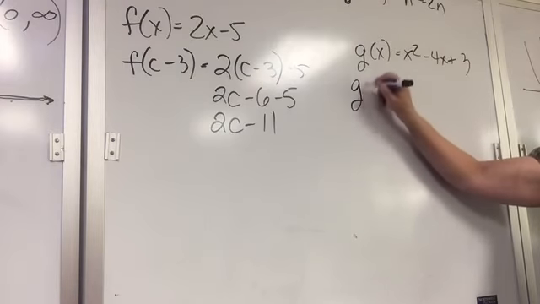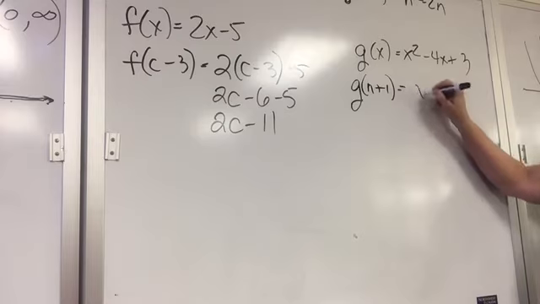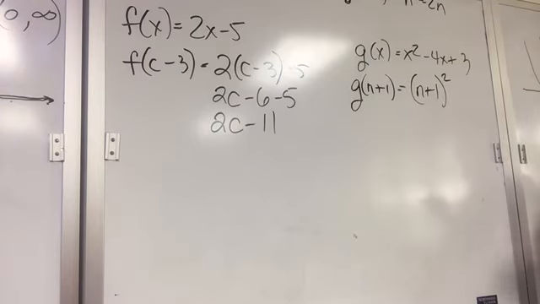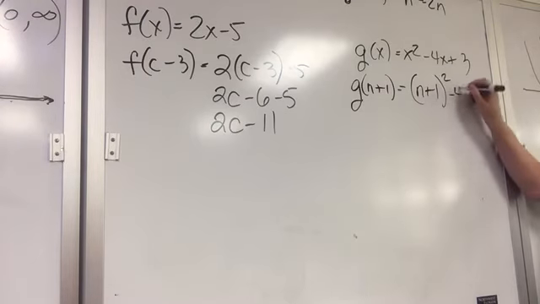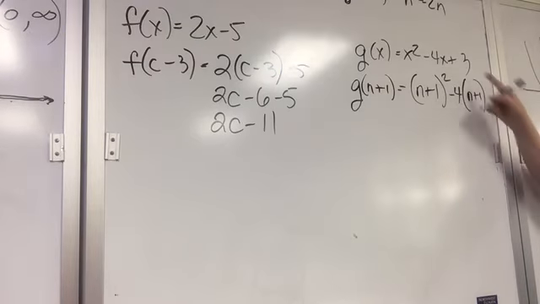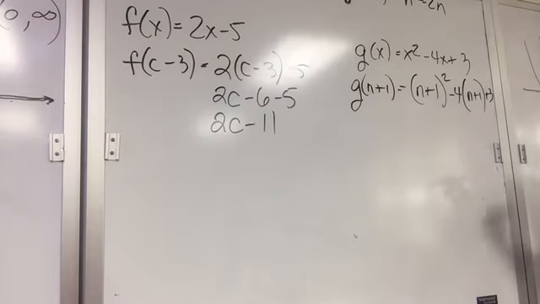So g of n plus 1 is (n plus 1) squared, minus 4 times (n plus 1), and then plus 3.